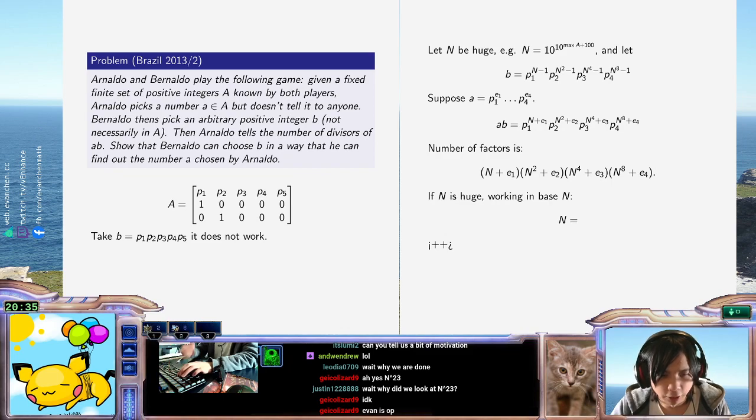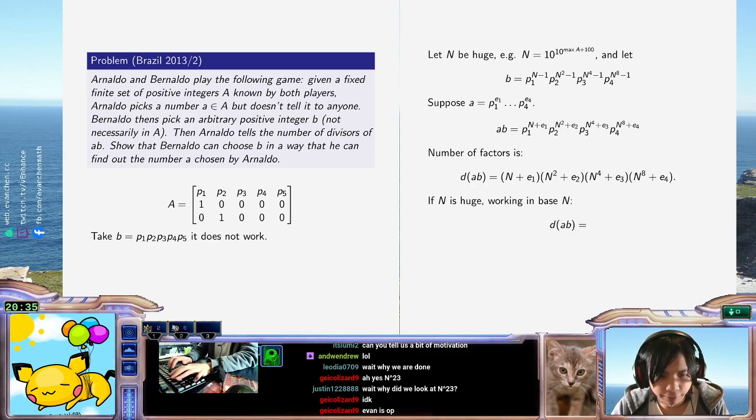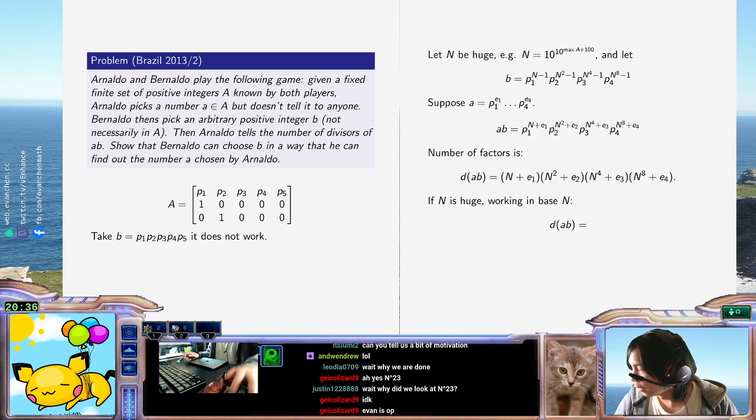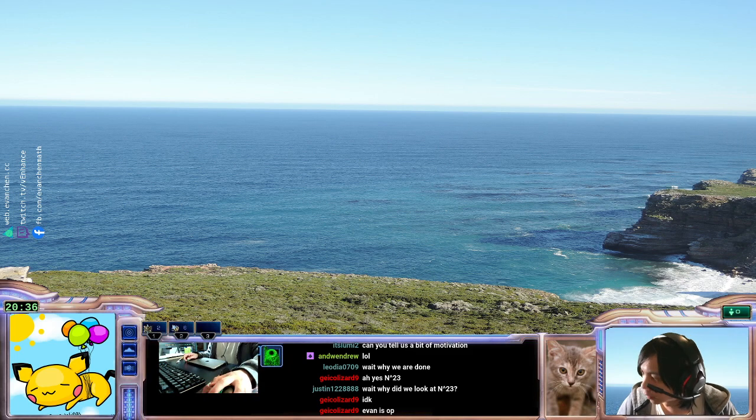The coefficient of capital N is E2, E3, E4, plus the coefficient of N squared is E1, E3, E4, and so on. The largest possible one is N to the 15. The N to the 14 one is just E1. And the point is, even though officially you only have this number, because N is so large, all you have to do is read off.